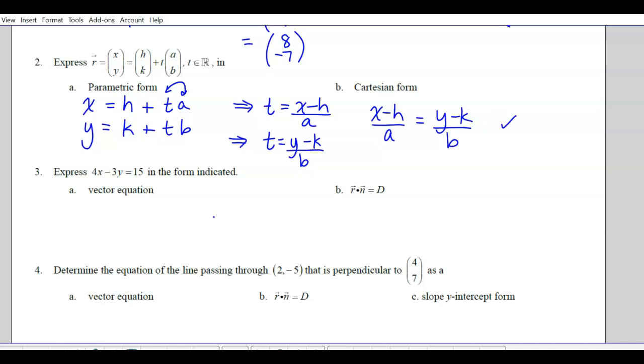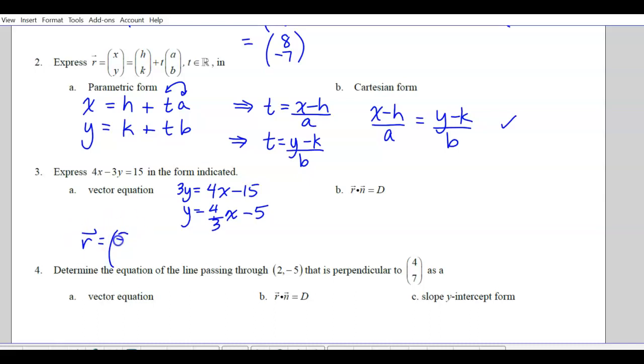So if you were to solve for y, to put it in slope y-intercept form, you're going to see what the slope is and what the y-intercept is. Let's use the y-intercept as our point. So that will be our position vector.